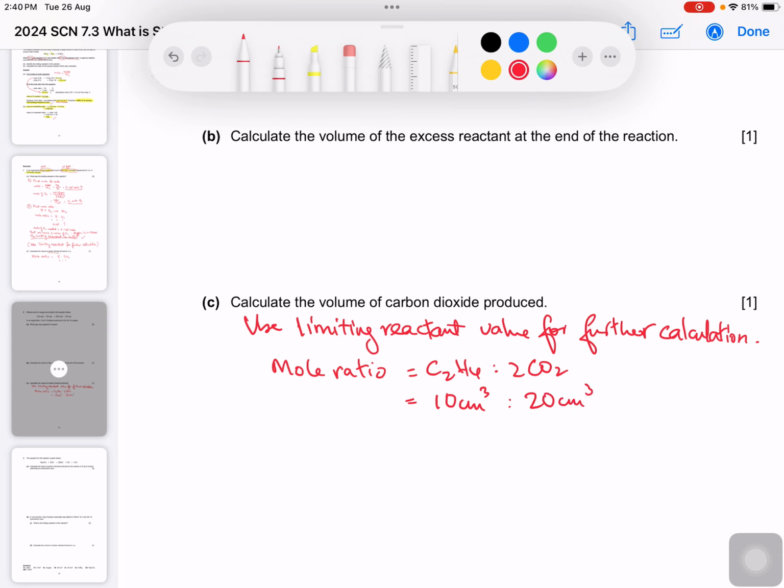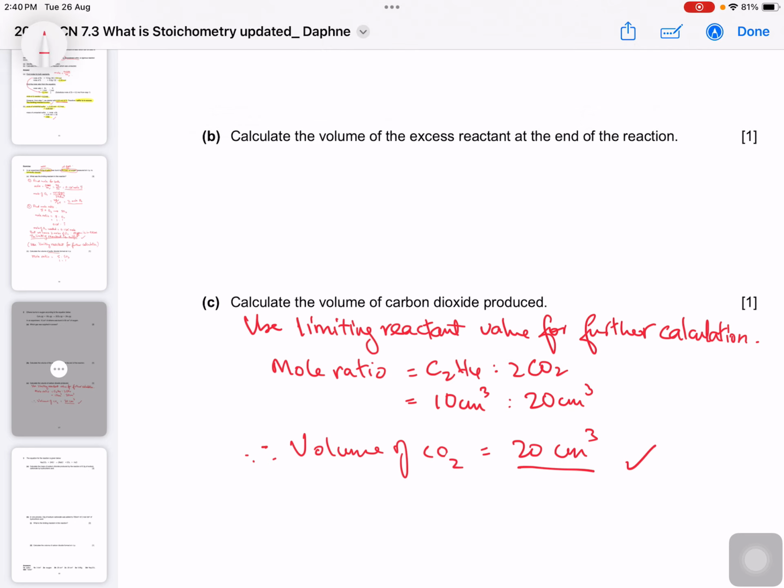Okay, therefore volume of CO2 produced, volume of CO2 will be equals to 20 cm cube. And we're done. Is that okay? Okay, next.